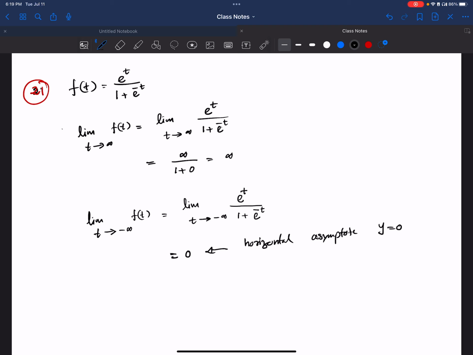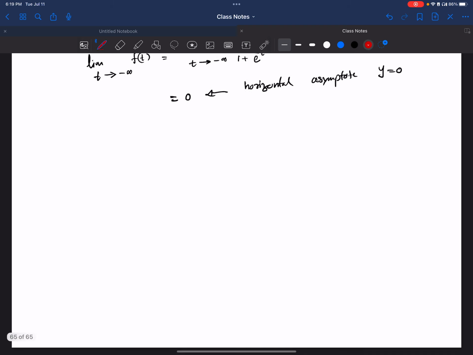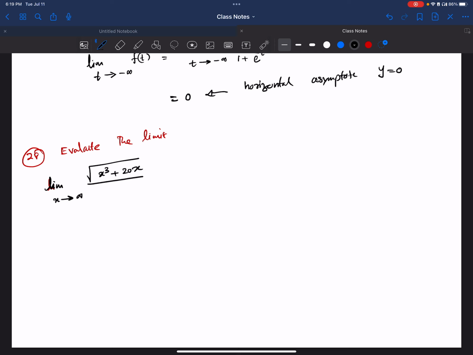And the next question is 28. Evaluate the limit: limit x goes to infinity, square root of x to the power 3 plus 20x divided by 10x minus 2.